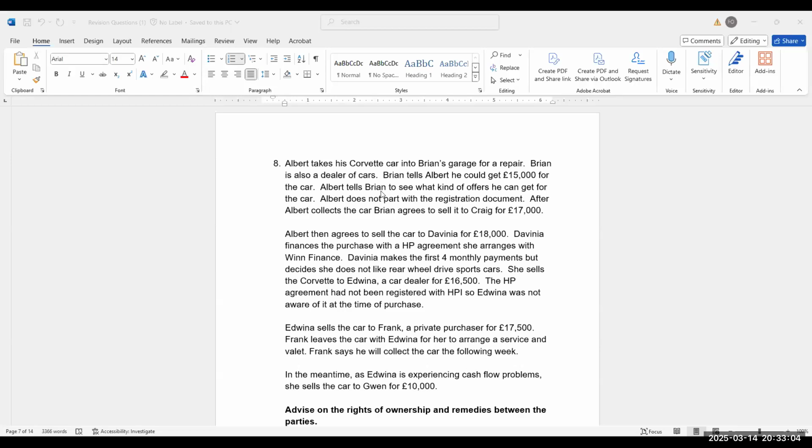So yes, Edwina cannot get good title under Section 27 because that section is there to protect private purchasers. Edwina is not a private purchaser, so she cannot benefit from that. So aside from Section 27, and 29, which defines who a private purchaser is, you might also want to cite authorities on this: Moorgate Mercantile and Twitchings, who was still held to own the goods because they didn't register it.